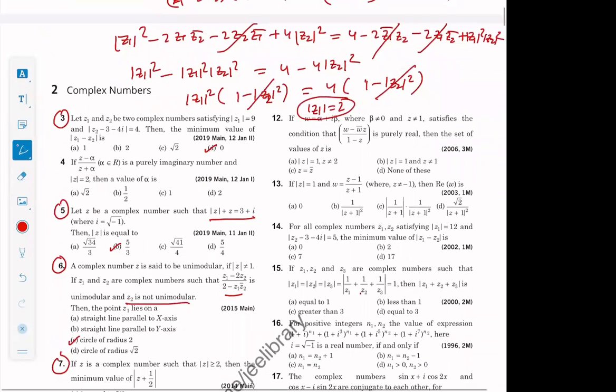So z1 lies on a circle having center at the origin and radius 2. In the last step, I have taken mod z1 square common from the first two terms and 4 common from the other two terms. 1 minus mod z2 square is cancelled out from both sides.